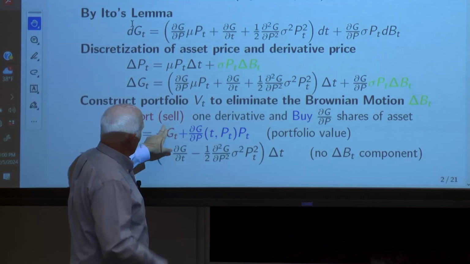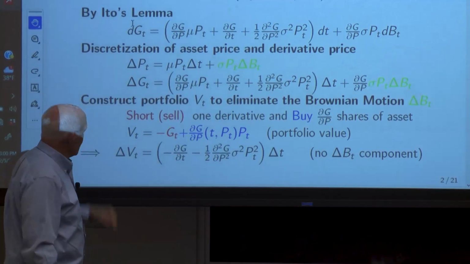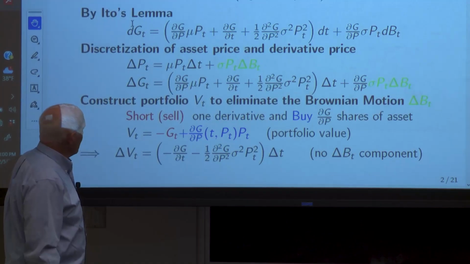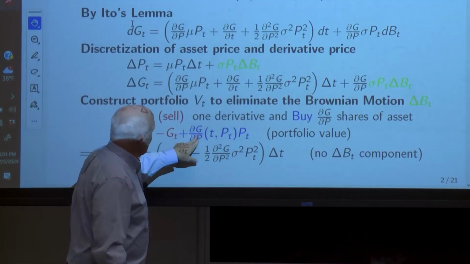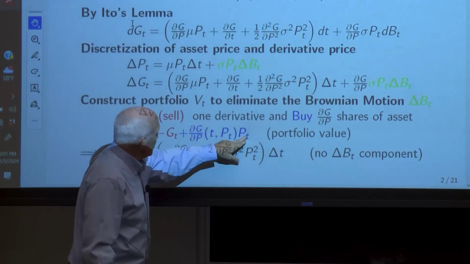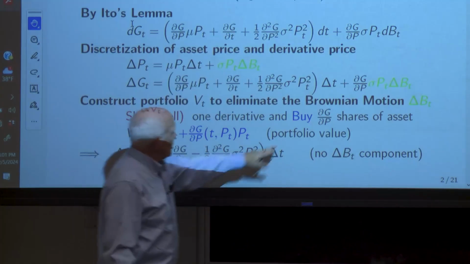If we sell the derivative at price g_t, we receive g_t dollars. And then we add to that a number of shares of the asset given by dg/dp.